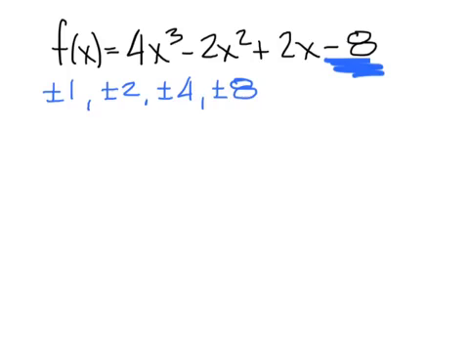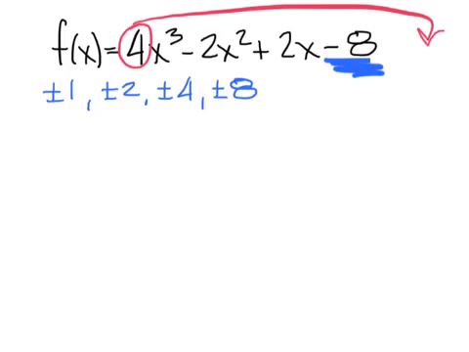Alright, so once we find those factors of 8, what do we do next? Yeah, we go to that first one and find what? Factors. Is there one that we can leave out? Yeah, we leave out 1, so what does that leave us with? 4, yes.